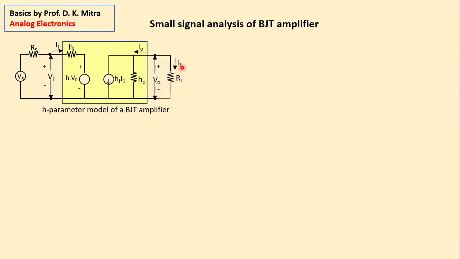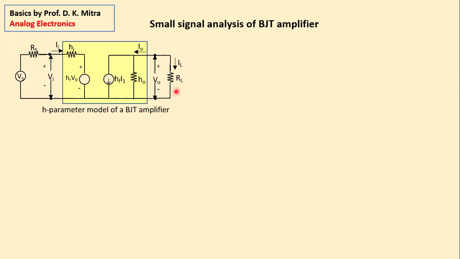And load current direction is from the output of the transistor towards the common. So the whole diagram has been made in such a way that this is the general diagram, a very, very important diagram for analyzing a BJT amplifier.